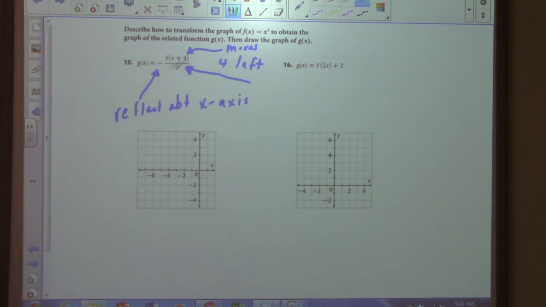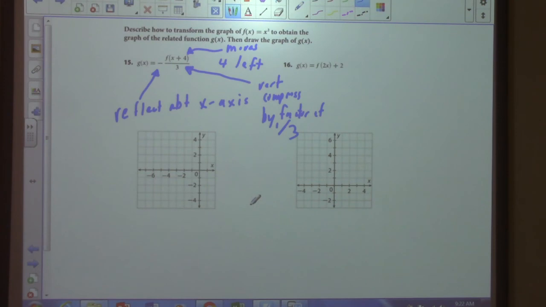If you pulled this out, this would be like 1/3 times this. So I would call this a vertical compression by a factor of 1/3. I said factor of 3, excuse me, factor of 1/3.